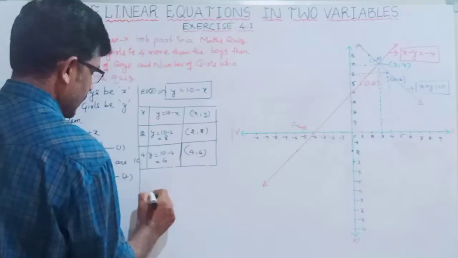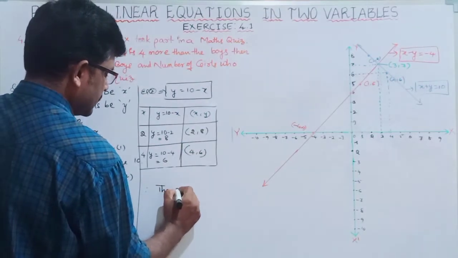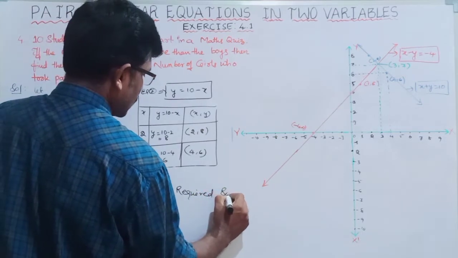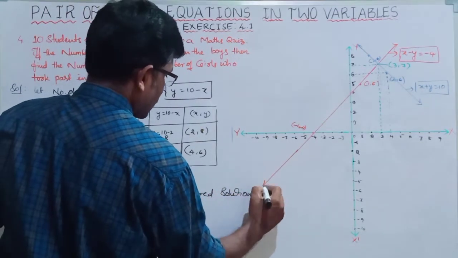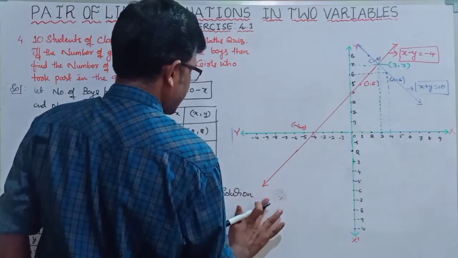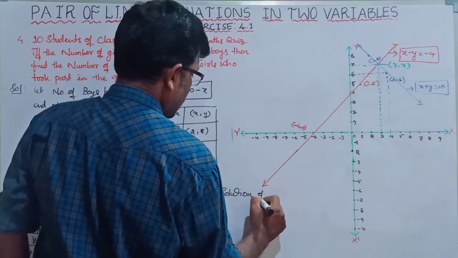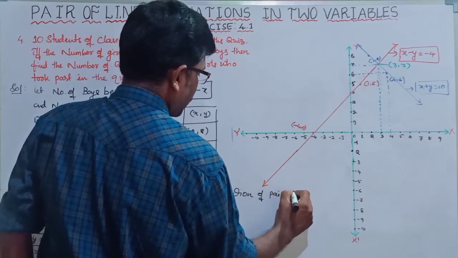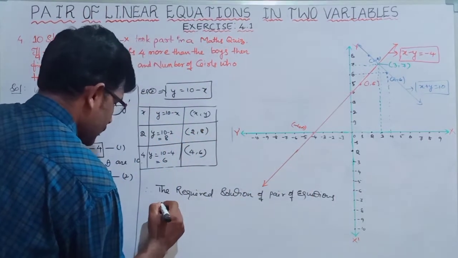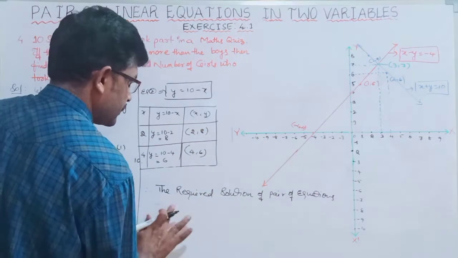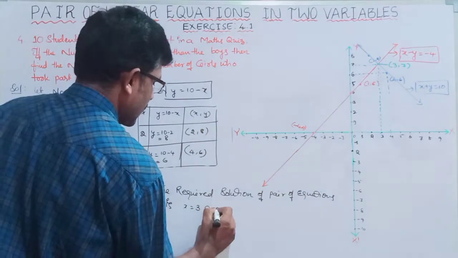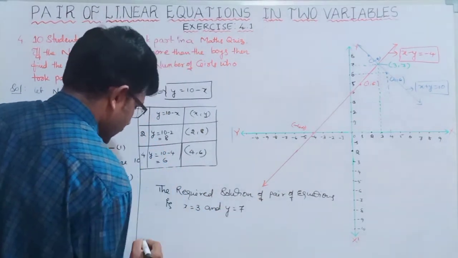Therefore, the required solution of the pair of equations is x equals 3 and y equals 7.